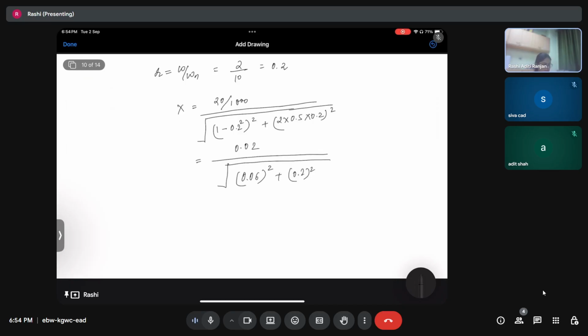So this will come out as 0.02 divided by, the final value is going to be 0.98. This will give us 0.0204.